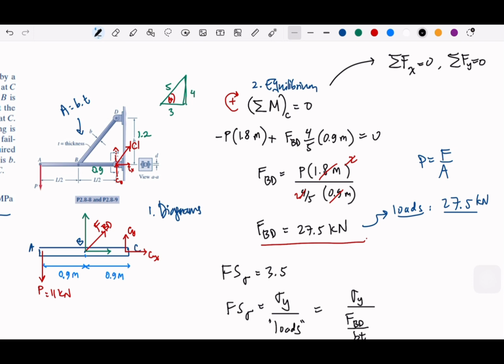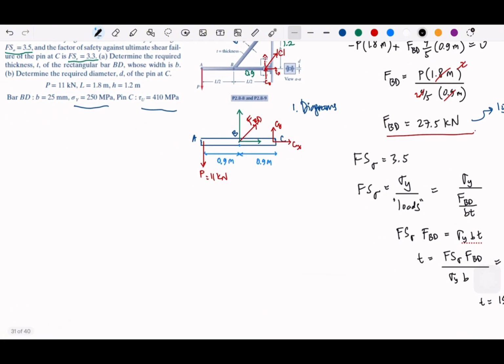We can take, for example, C1 with this FBD with P, we get the same result. Any way you can take, both will be the same result. Okay? So you can take, let me just write, you can take sigma moment with B as our point of view. Okay, this all holds true.